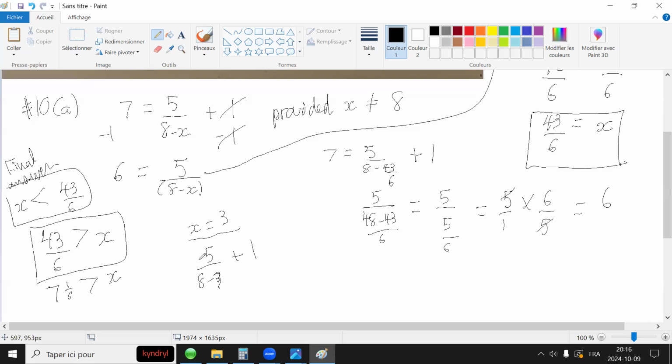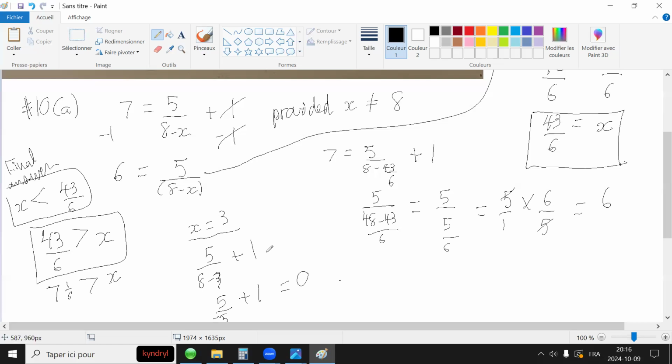Just because what it would give me is 5 over, I just realized that. So 5 over minus 5, which would give me minus 1 plus 1, then it would equal 0. Well, actually, it's not the asymptote. It's just the fact that 3 and 0 would be one of the couples.